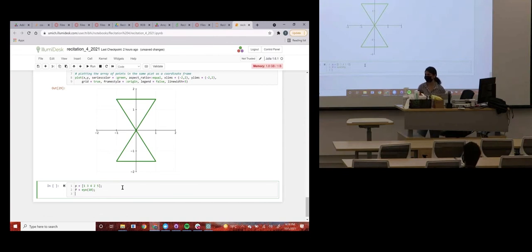Okay, what I'm also going to do is, because it's x and y coordinates, I'm going to make this 3, 3, 4, 4, 2, 2, 5, 5.